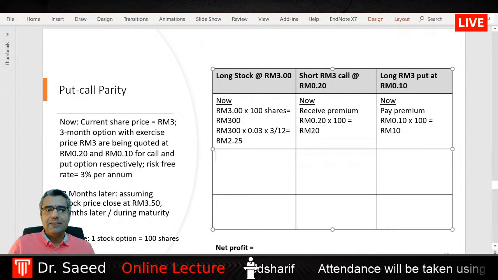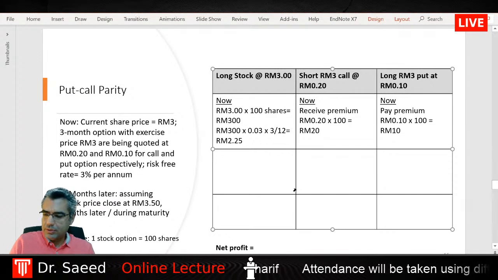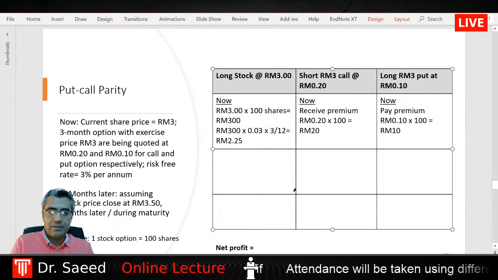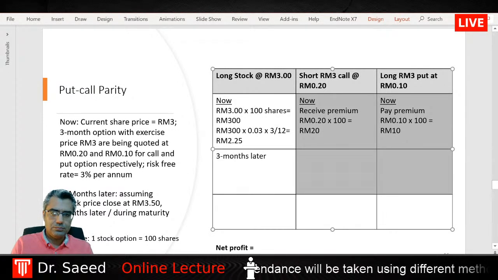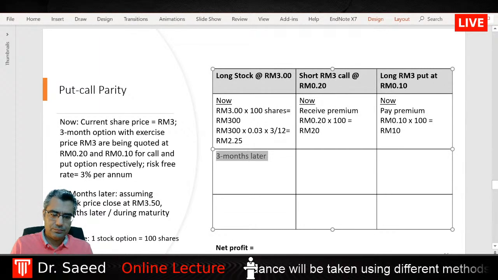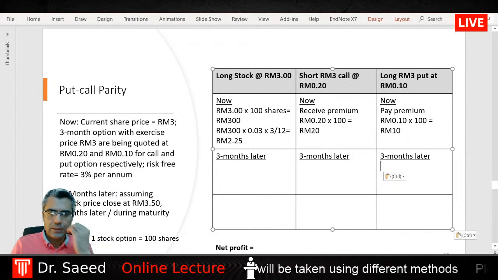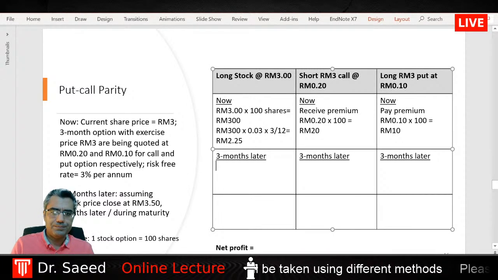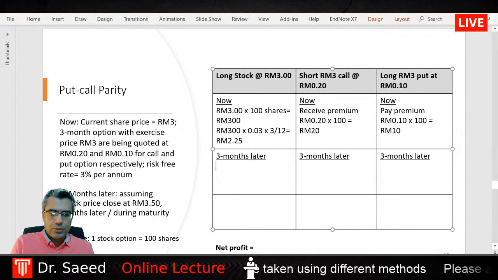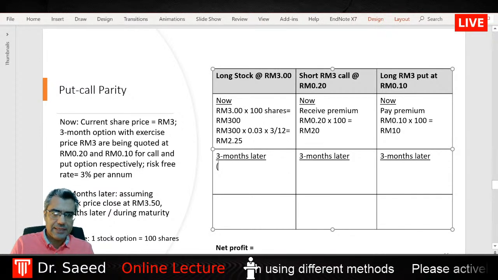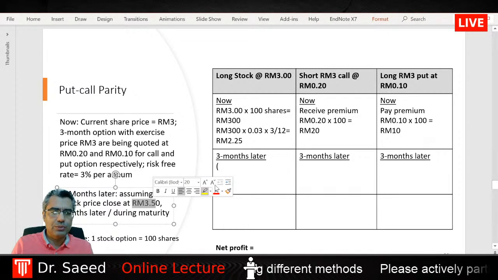Now, this means that the next row is 3 months later. Now, 3 months later, you close your position on the stock. This means that how much you can sell it, we assume the price increased to 3.5.